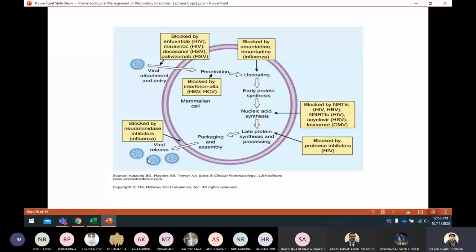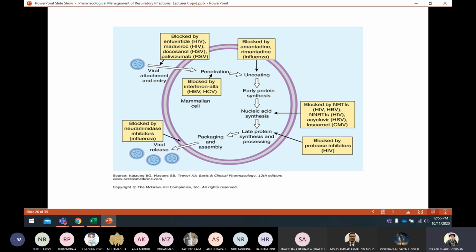You have drugs that act on the neuraminidase, which is essential for viral release from the viral cell. You have drugs that block uncoating, amantadine, and this used to be used for influenza. In fact, when COVID-19 first came about, we did try this as well, but it didn't work for COVID-19.